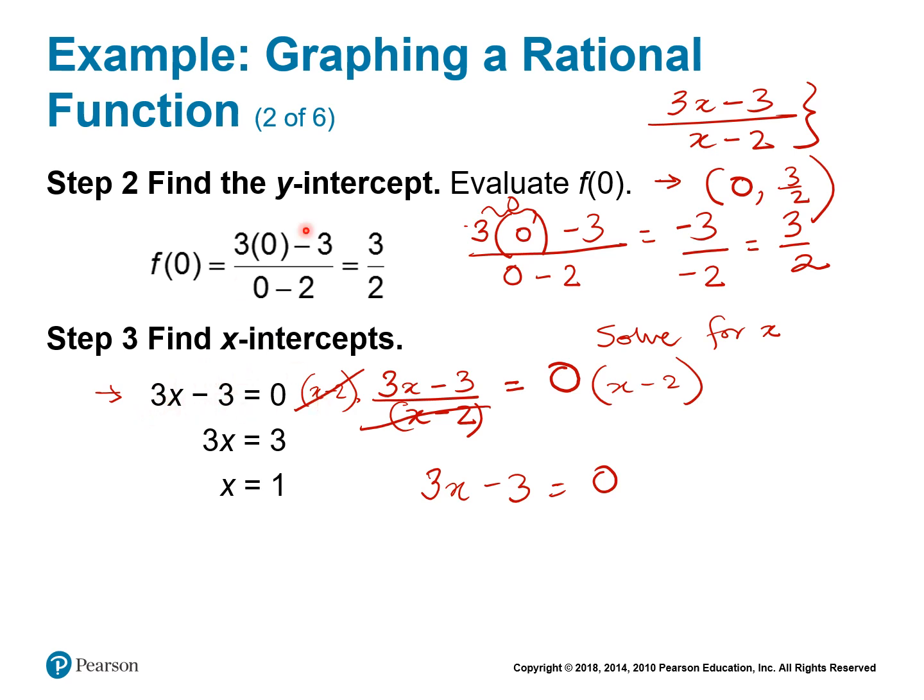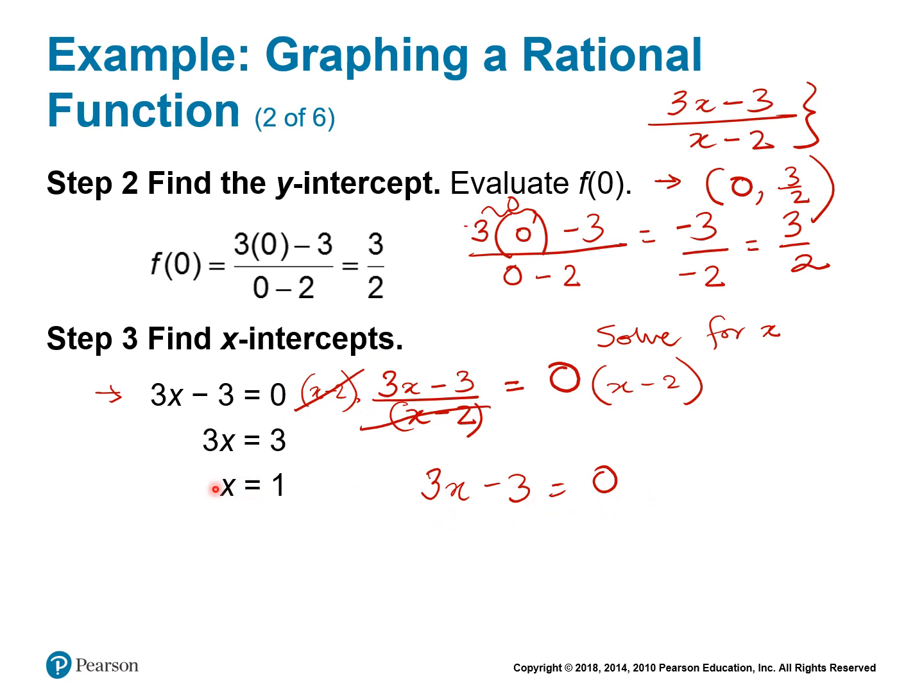That's what we'll end up with, but we should know why we just work with the numerator expression instead of the entire function. We do start with the entire function, make it equal to 0, and in the next step after getting rid of the denominator, we end up with 3x minus 3 equal to 0.